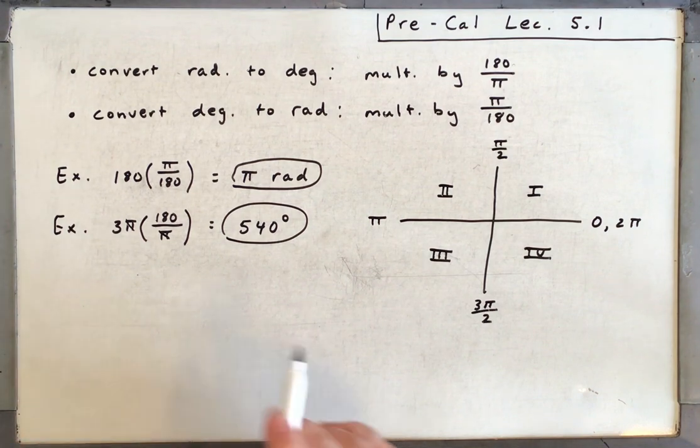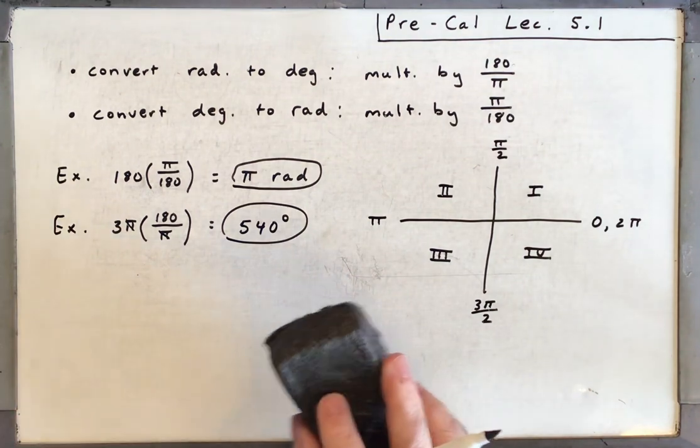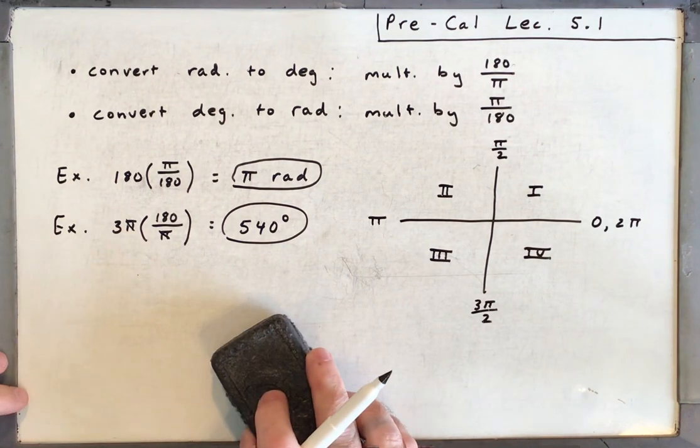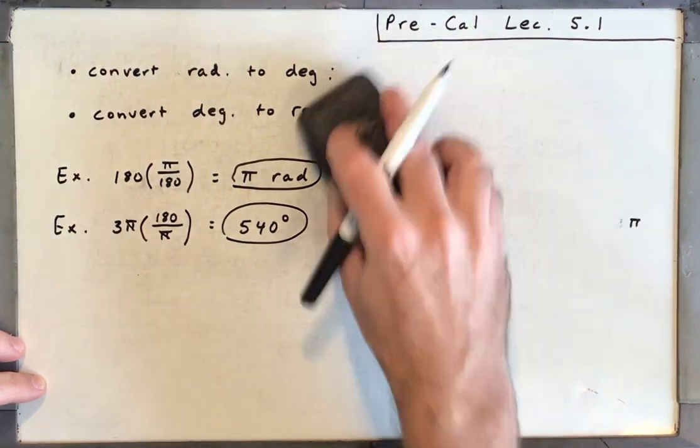All right, and then the final section in lecture 5.1 is called the arc length formula. So pause the video if you need to, and we are on page 3 of your notes.